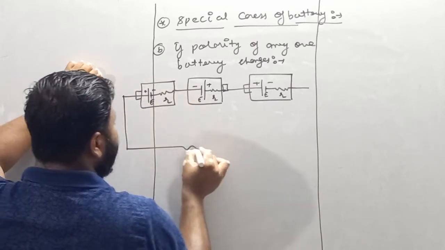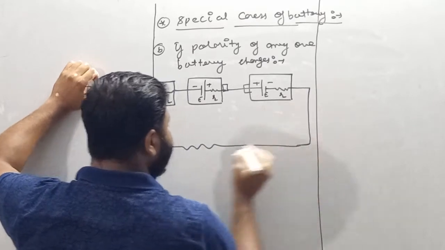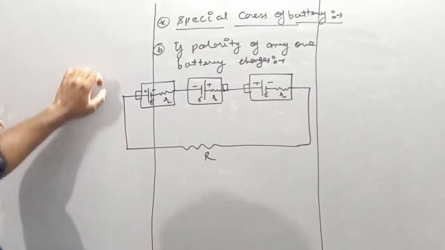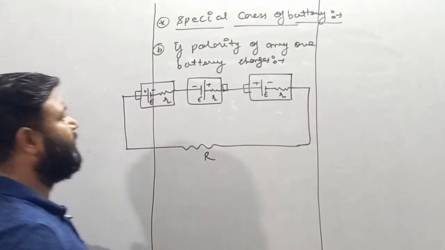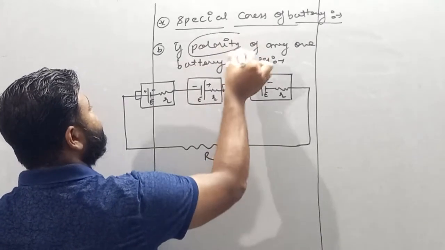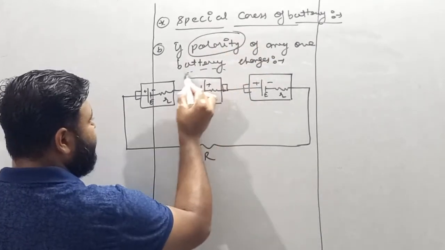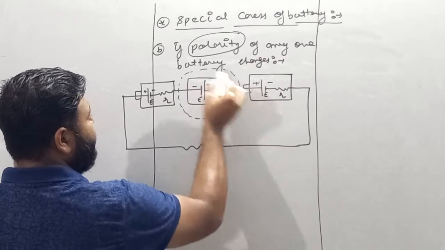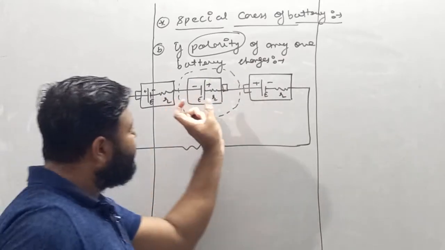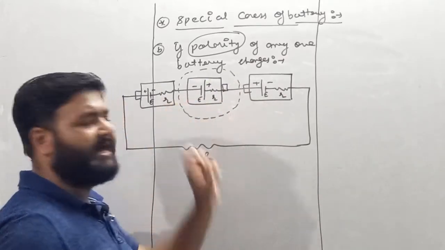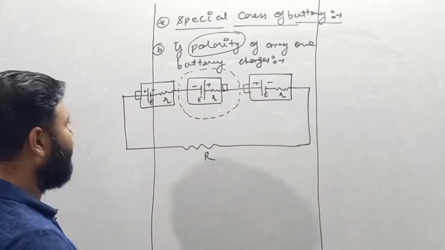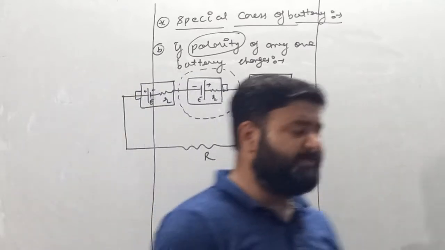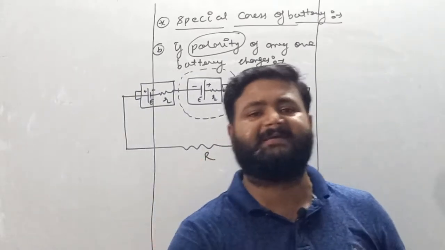So this is how I'm connecting the batteries in series, and the case is if the polarity of any one battery changes. Look at this diagram: in this diagram, this battery has its polarity changed. This is a very practical example.